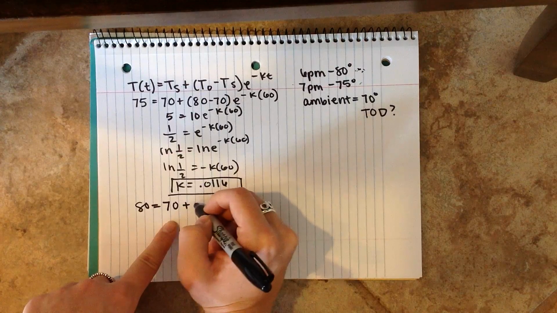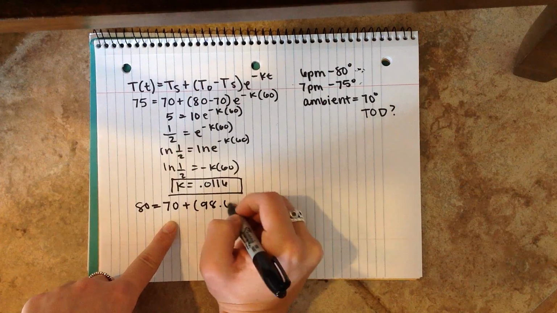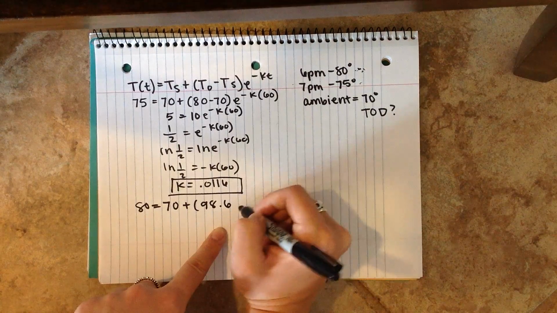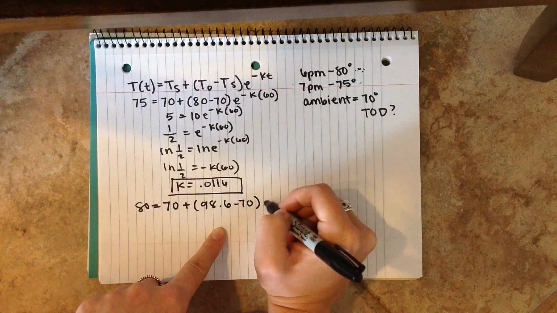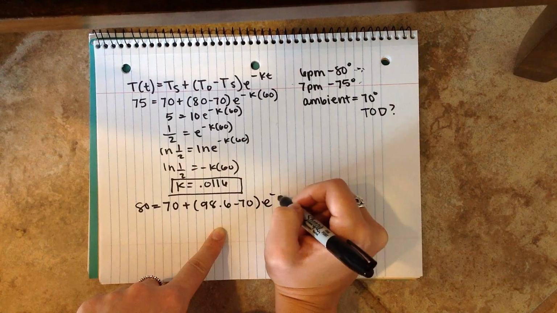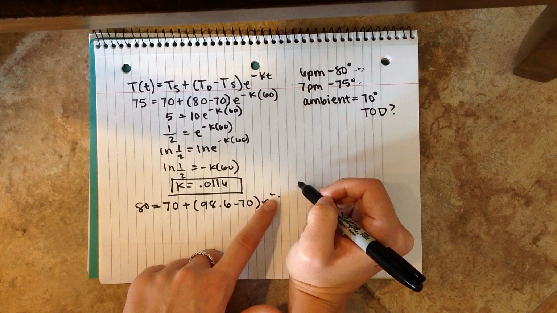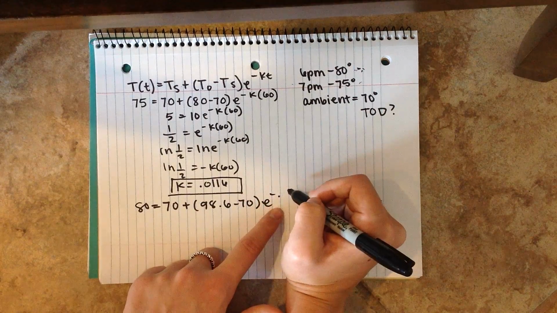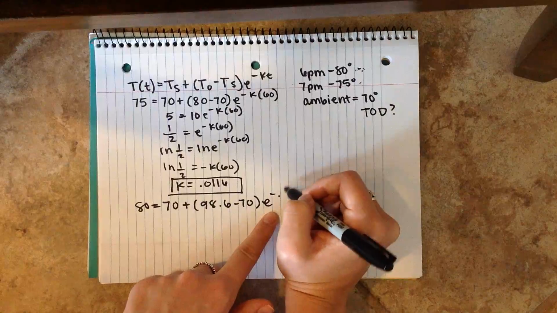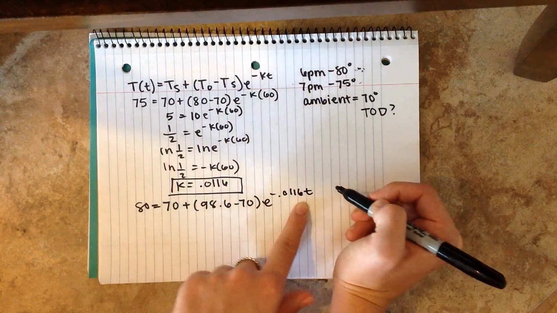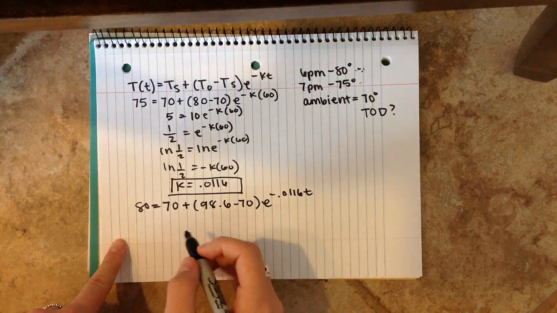So 80 equals 70 plus 98.6, which is the average temperature of a human body, minus 70, times e to the negative 0.0116 times t, which is what we're trying to find.